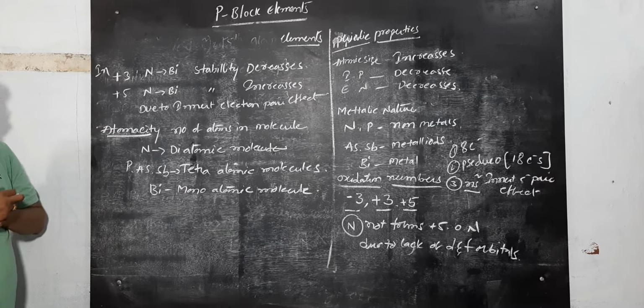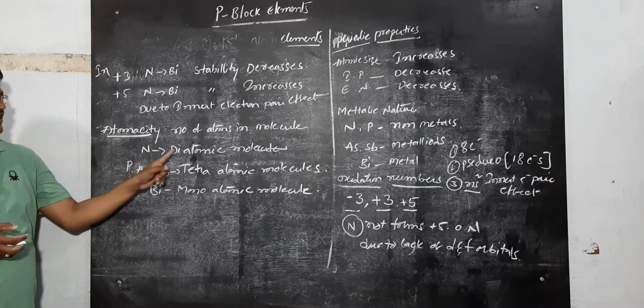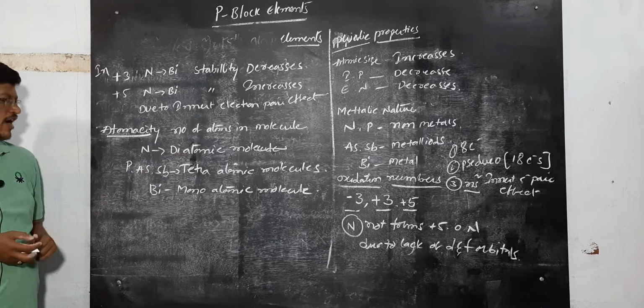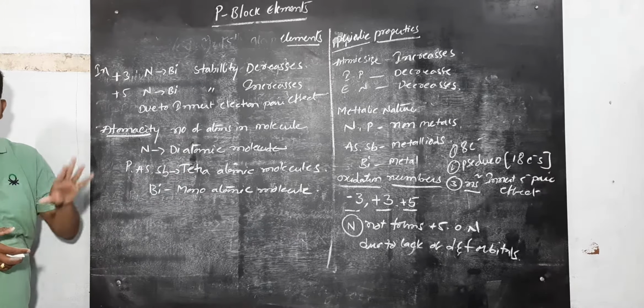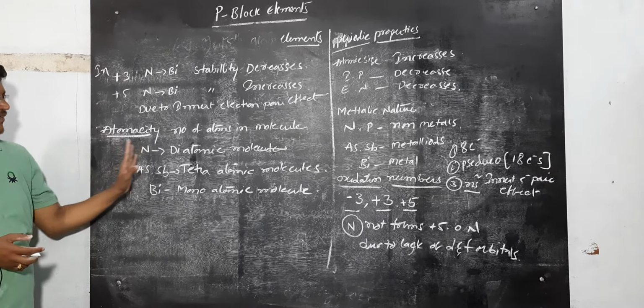So why does nitrogen exist as a diatomic molecule, and why do phosphorus, arsenic and antimony exist as tetraatomic molecules? By taking one simple example, we will learn that.